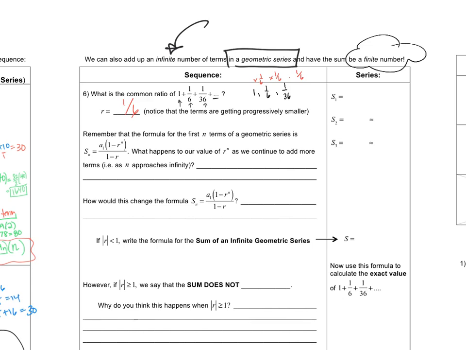And so if we said that our formula for the nth sum looked like that, let's think about what happens to r to the n if n is getting big, sometimes we'll say going to infinity.